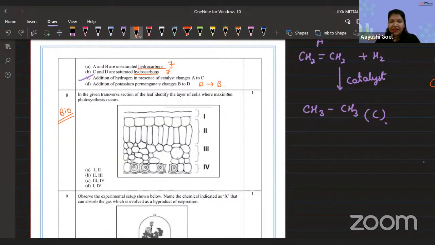I'm not that good at biology, but I know that the outer layers and the inner layer don't have that much chlorophyll present. In the center layers, there is more chlorophyll. So in between, you will find more chlorophyll. In that case, the second and third layers will have maximum photosynthesis. So yes, the answer will be option B.